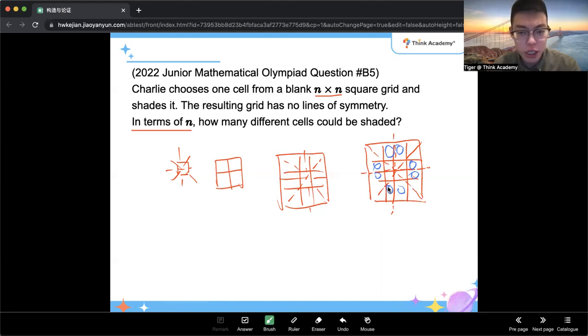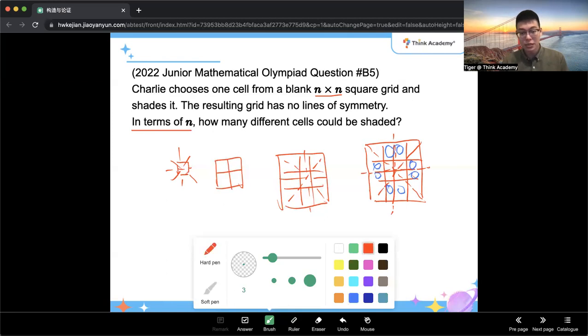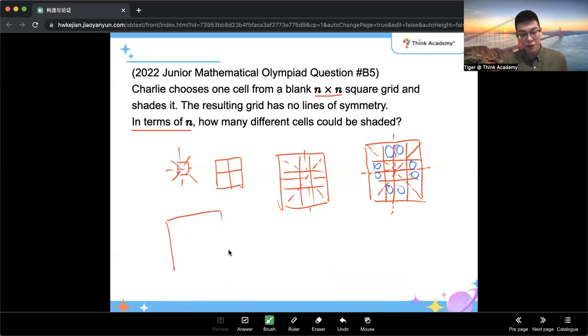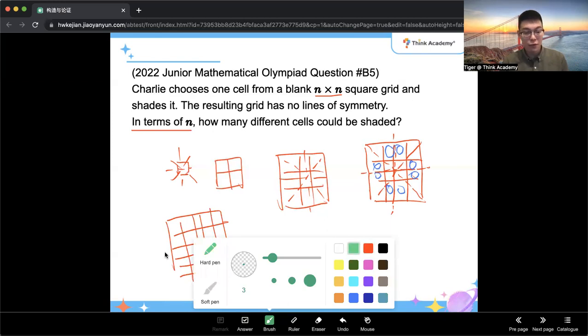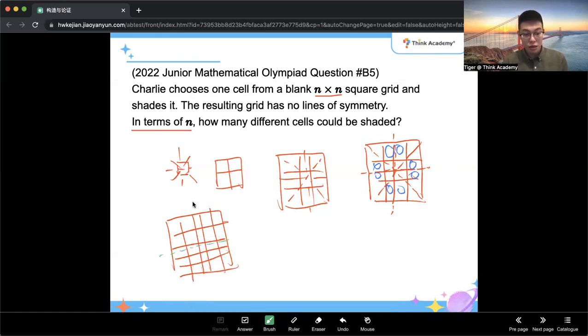But that's just the first one that we are seeing. So we need more evidence, which means I should keep looking for more possibilities. For example, 5 by 5. Now you can see that for a 5 by 5 one, the lines of symmetry are not going through the gaps this time.